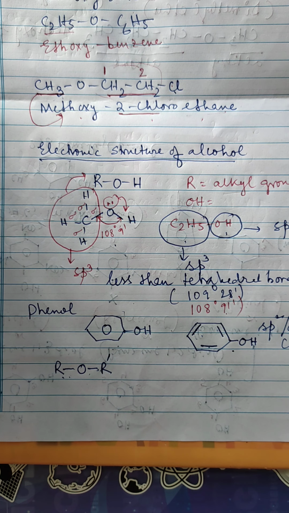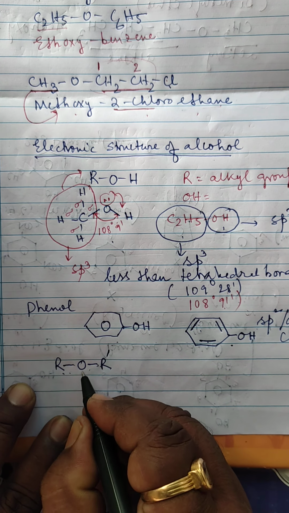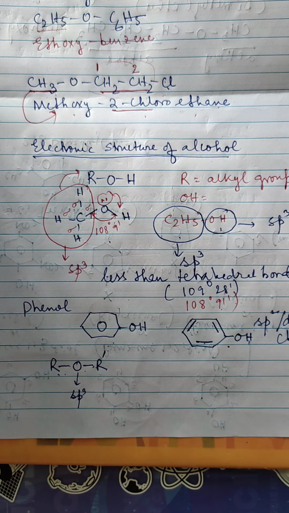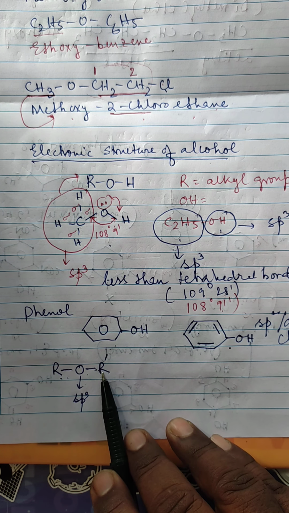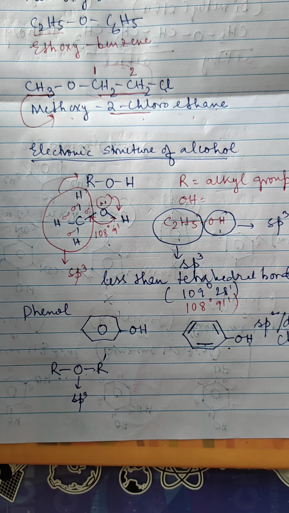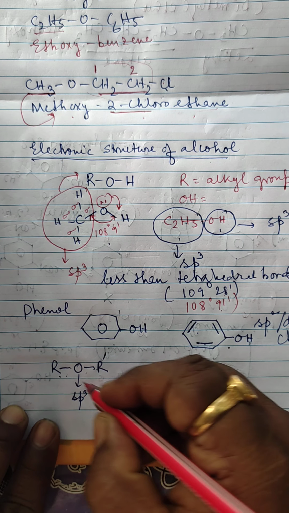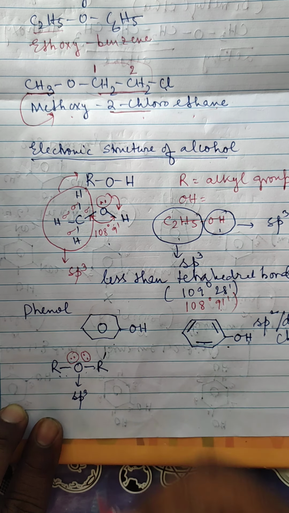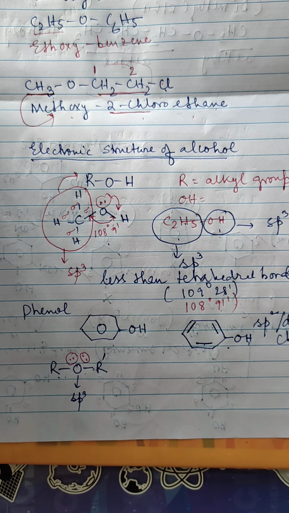So what is happening? Here, the oxygen shows sp3 hybridization. Each of the alkyl groups also has sp3 hybridization. But in case of oxygen, there are lone pairs of electrons. Because of the presence of these lone pairs of electrons, they cause a distortion, right?